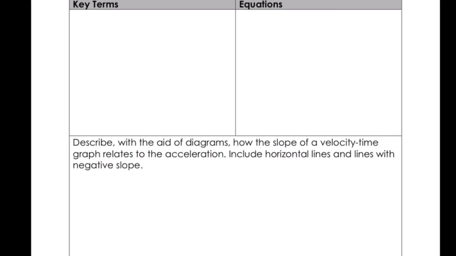Okay, so going over just the velocity versus time graph summary. Some of the key terms is that the velocity versus time graph is going to show the velocity of the object at a given time.